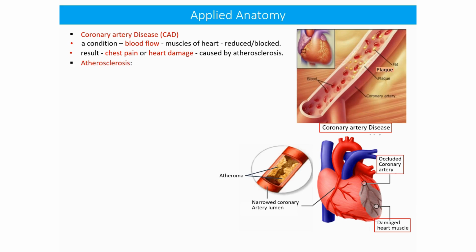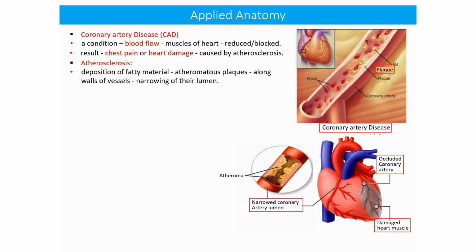Now, what is atherosclerosis? It is deposition of fatty material in the shape of atheromatous plaques along the wall of the vessels, leading to narrowing of the lumen of such vessels.